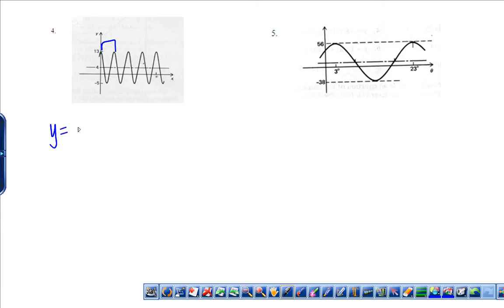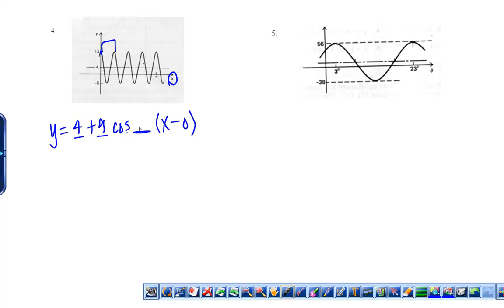I know I have a shift of 4. I have an amplitude of 9, starting with cosine. I'm going to leave my b value. I do have an x there, so that's going to be my variable I fill in. And since I have a point right there, how about we just start at 0? And again, you don't have to put the 0 there. You could just say an x value.